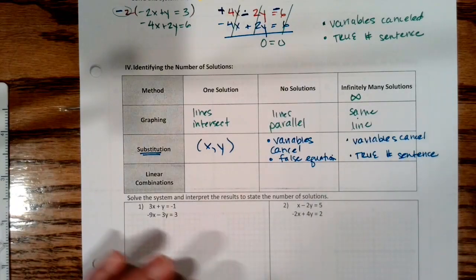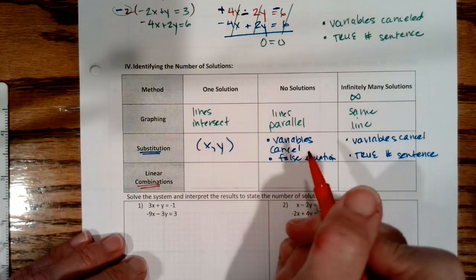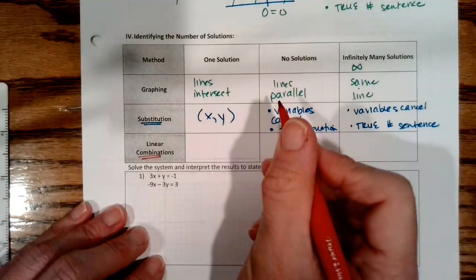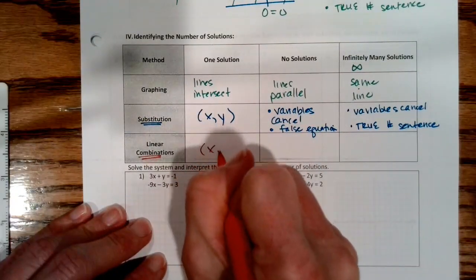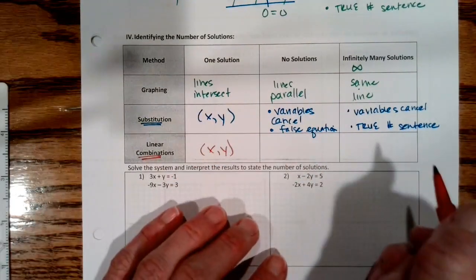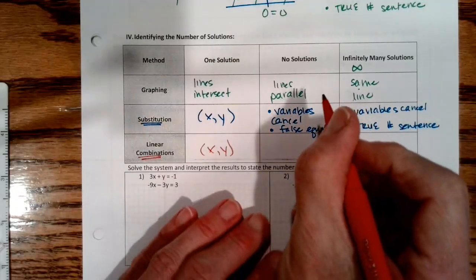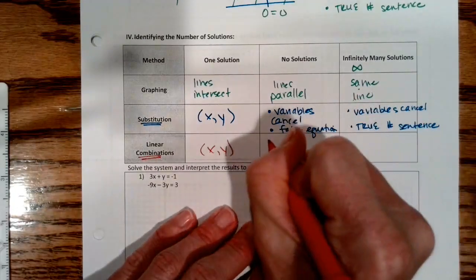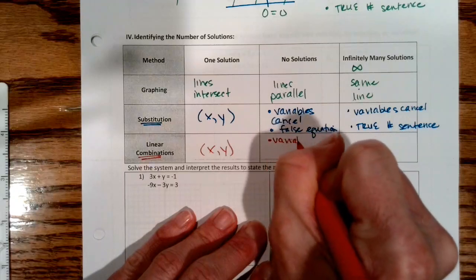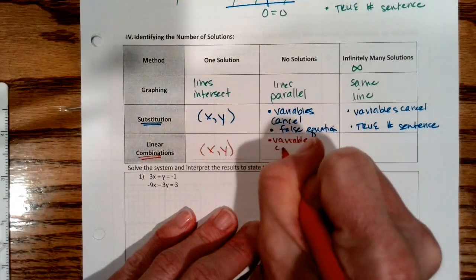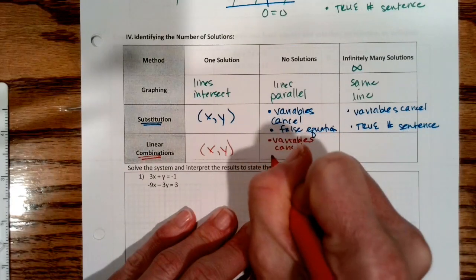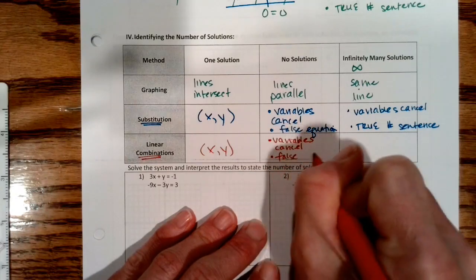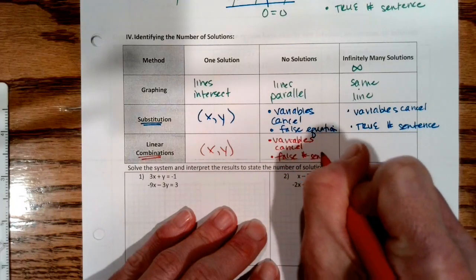All right, through linear combination, if I have one solution, I have an XY ordered pair. If I have no solutions through linear combination, my variables cancel, and I have a false equation or number sentence.